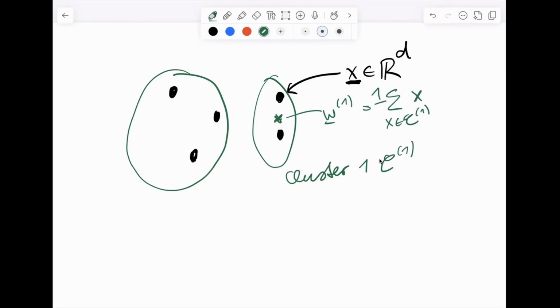Then we normalize by the current number of data points in this cluster. And we have the same for the other cluster, cluster 2.